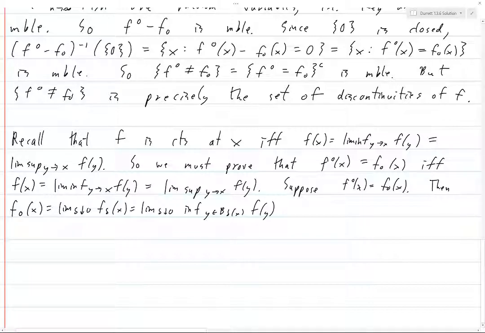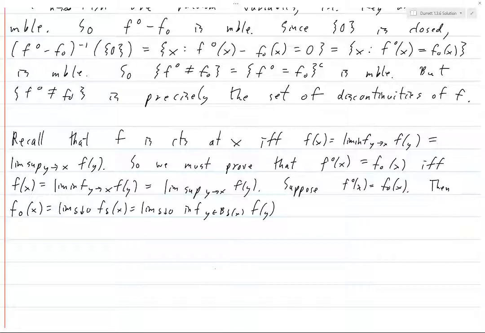This is the infimum where y is taken over the entire ball of radius delta centered at x. But if we recall, for the lim_inf definition, you actually need a punctured neighborhood. You're taking the limit, so you're not talking about what's happening exactly at that point. And so we need to handle that.